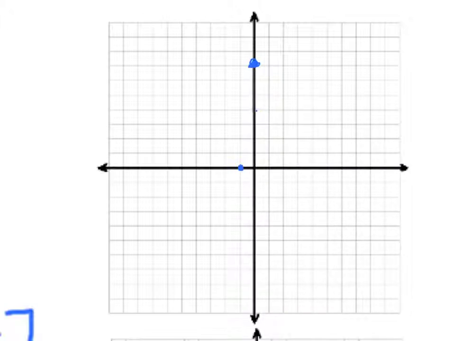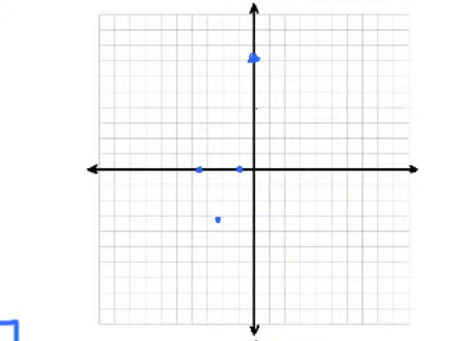So 1, 2, 3.5 over. And then, of course, my minimum point, which would be at negative 2.25, negative 3.125. So negative 2.25, and then down 1, 2, 3, somewhere around here. Okay, and then I will try to gracefully draw a curve through these points.